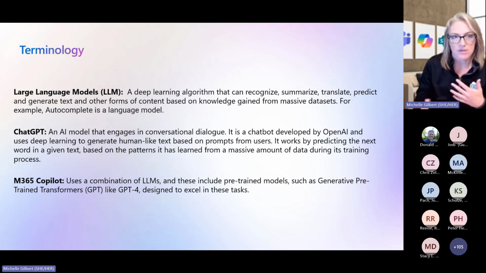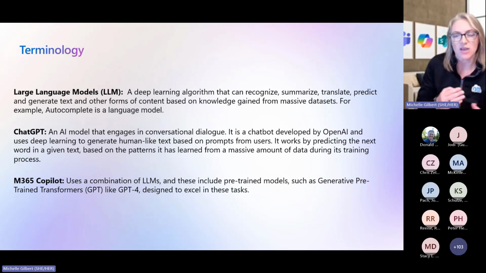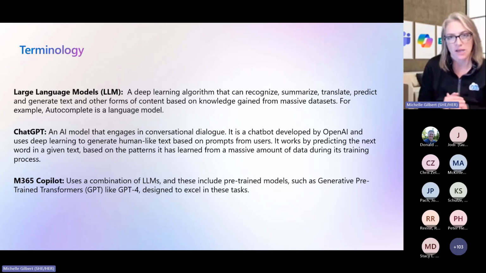So those are some of the LLMs that have been pre-trained. What we've done in the space of M365 Copilot is that we partnered with ChatGPT to bring those large language models into our Azure OpenAI service. And why we did that is to ensure that we can have security and compliance around your tenant boundary, and that you're not going outside to the internet to get that information.